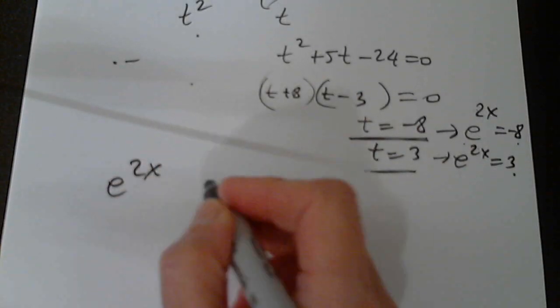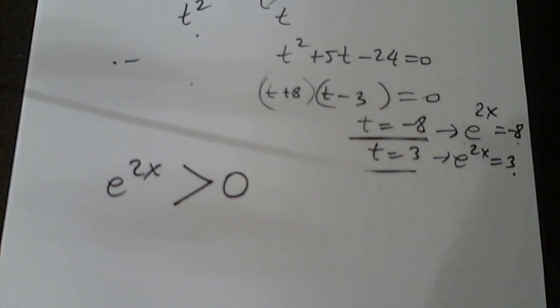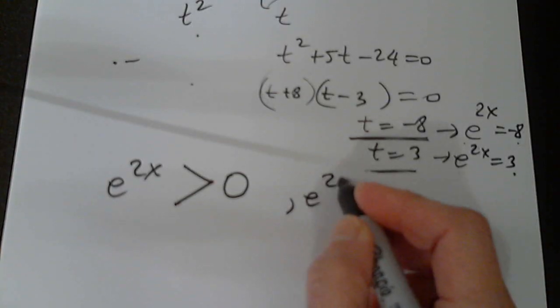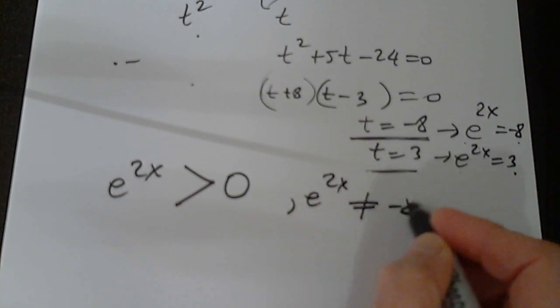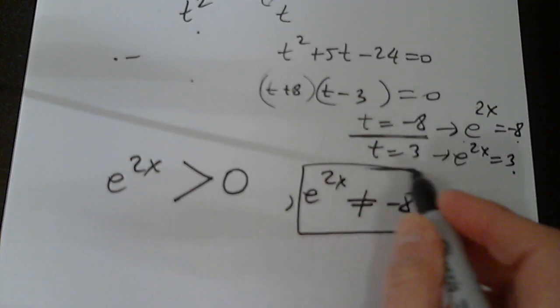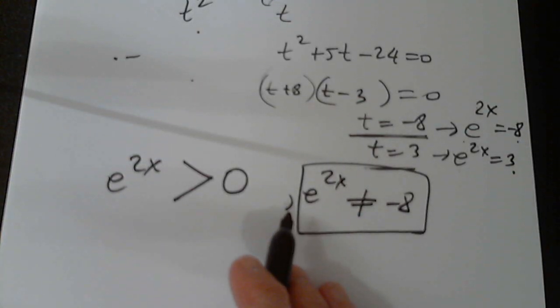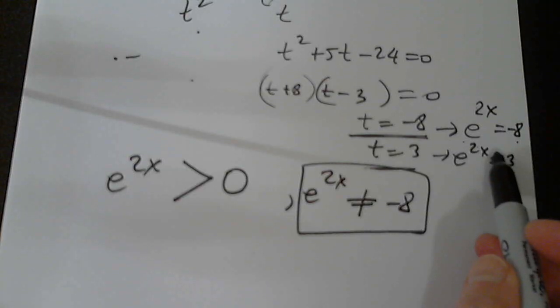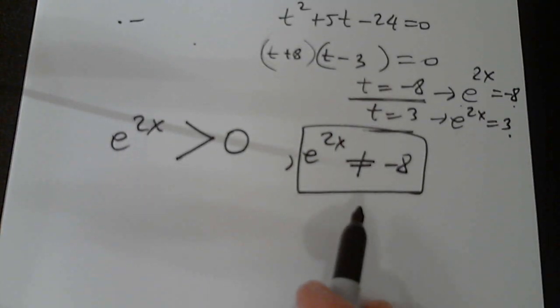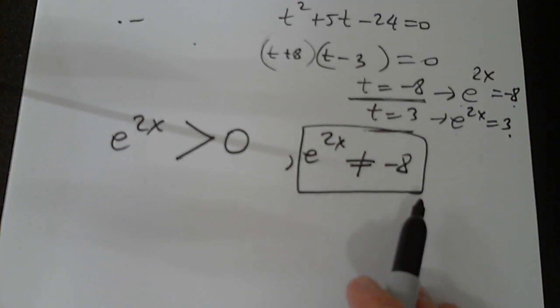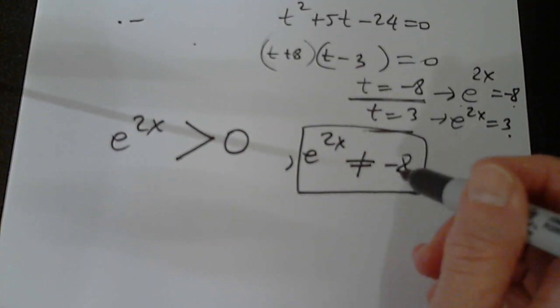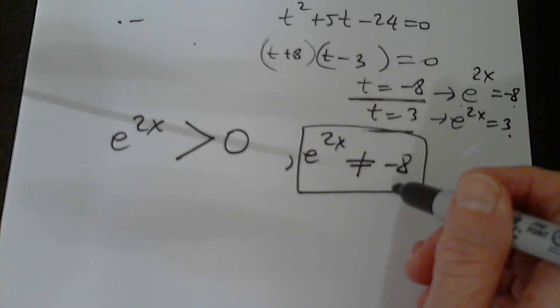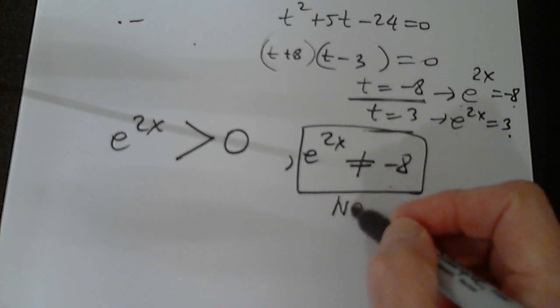However, e to 2x is always a positive number. So e to 2x can never be a negative number, unless there is a minus in front or something else. But the way the equation is, you will not be able to solve this because it has no solutions. You cannot apply natural log to negative 8. So this has no solutions.